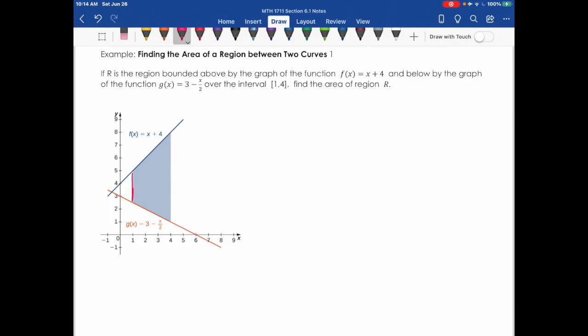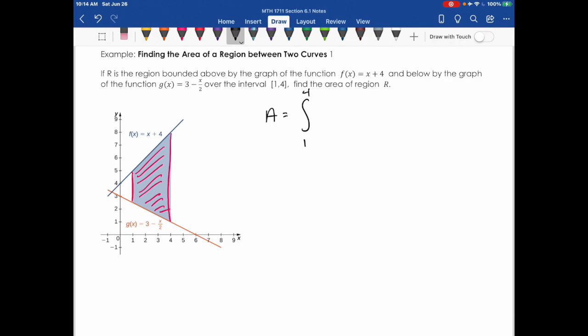And then g of x is in orange below, which is 3 minus x over 2. And between the x values 1 and 4, we want to find this area. So we're going to set up the area using that theorem.